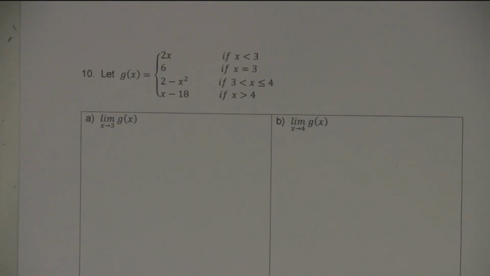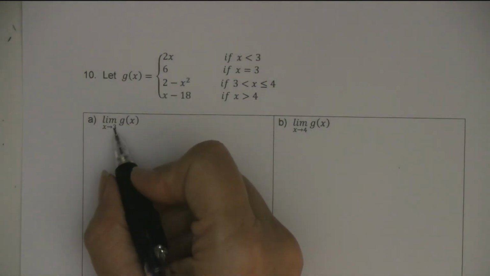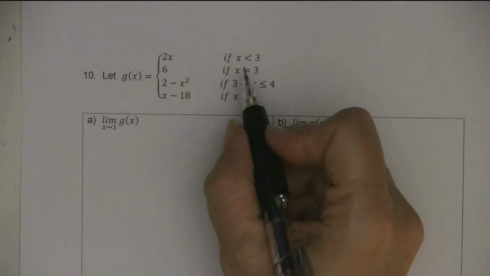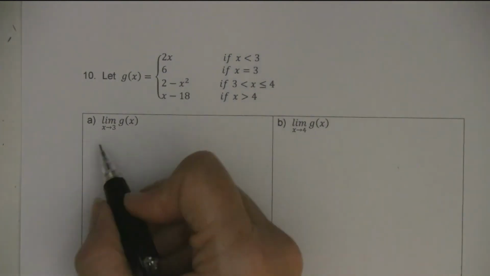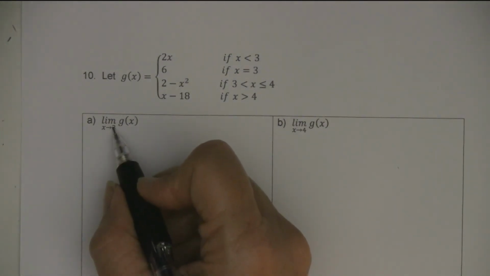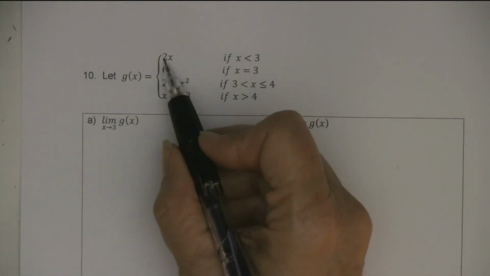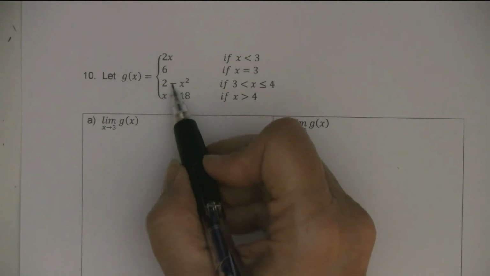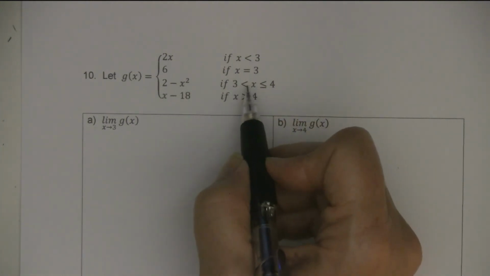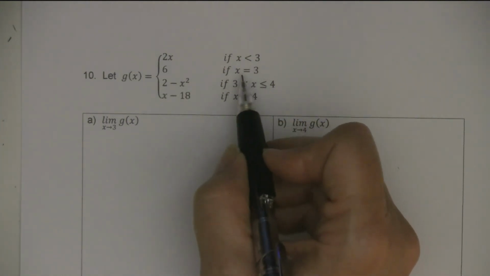And then long story short, last one for us to do, it's asking me about going to 3. Remember, a limit means check a little bit before 3 and a little bit after 3. So if I checked a little bit before 3, I would be using this function. And if I checked a little bit after 3, I would be using that function. And nobody told me to check exactly at 3.